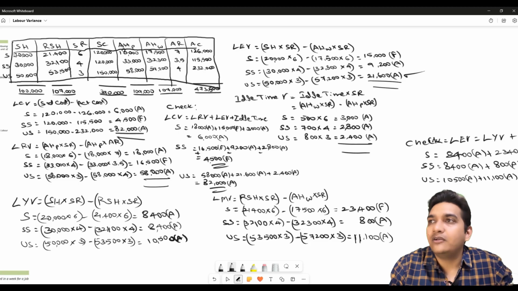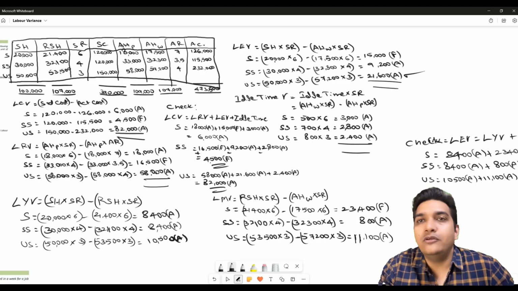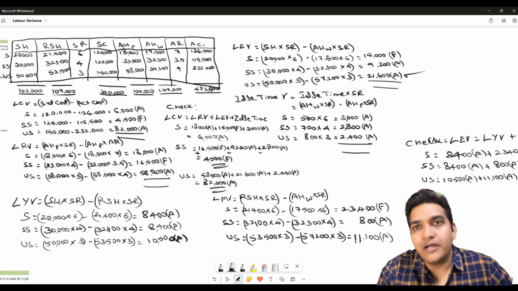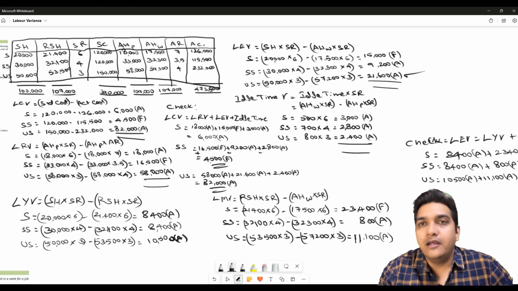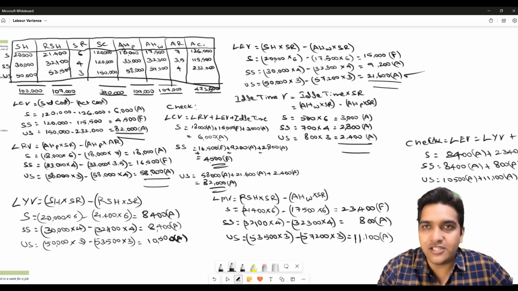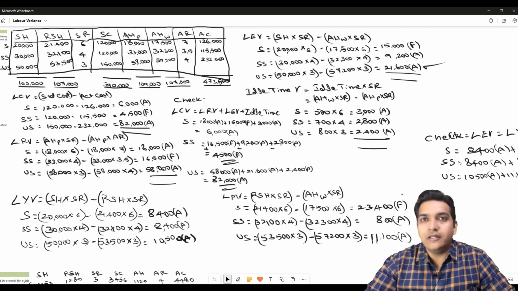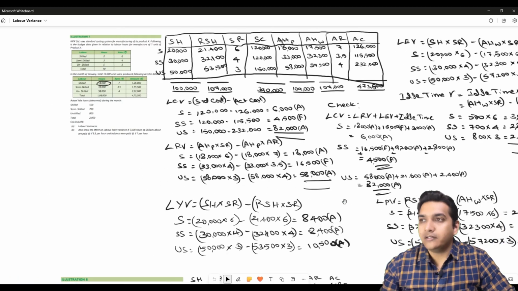Since all the information is captured in a standard format, which you can use for all problems, it makes your life easier to compute, whether it be material variances or labor variances, and in future we will also see the overhead variances. Further in the question, after computing all the variances, it asks us something else. What does it ask?